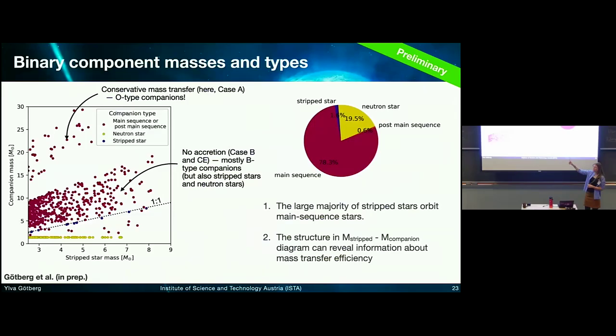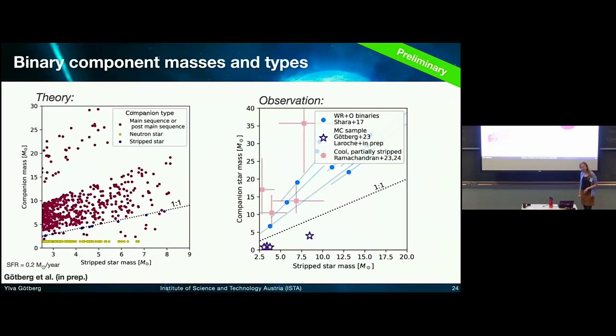If we manage to populate that observationally, I think we can get some information on, for example, mass transfer efficiency and how these different interactions actually happen. We had that observational diagram now, a little bit small amount of data. I can see that we can populate a bit more here, so we can make a more fair comparison.